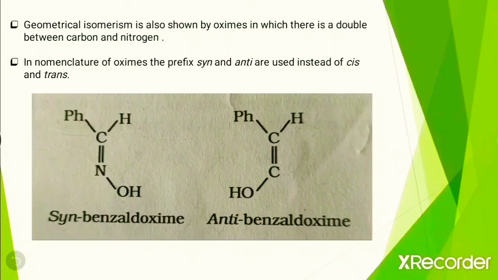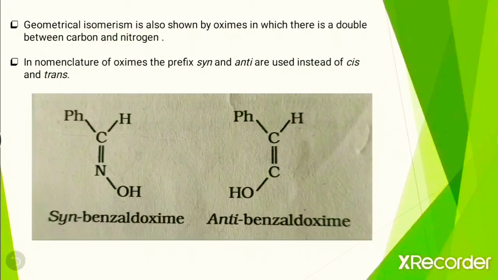Geometrical isomerism is also shown by oximes, in which there is a double bond between carbon and nitrogen. You can see here in this example, carbon and nitrogen double bond. In the nomenclature of oximes, the prefixes syn and anti are used instead of cis and trans.